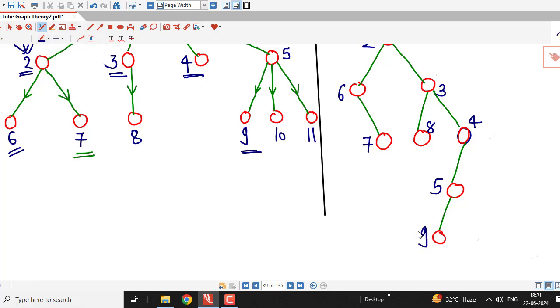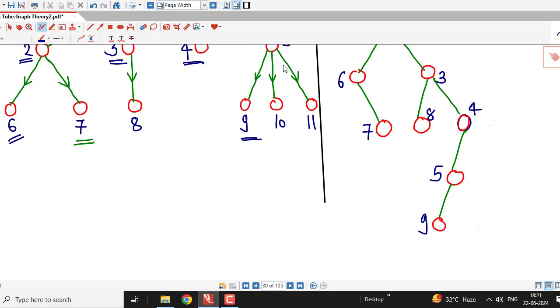So here I have 9. 9 is the child of 5 in binary tree because 9 is the leftmost child of 5 in general tree, and right child of 5 is nothing but right sibling of 5, but 5 has no right sibling, therefore 5 has no right child. Now left child of 9 is the leftmost child of 9 in general tree, but 9 has no child, so 9 has no left child in binary tree.